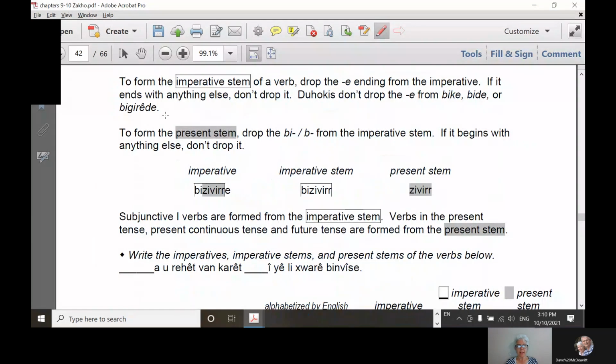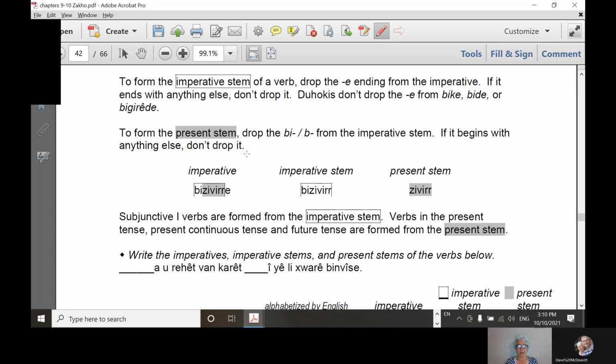To form the present stem, the gray box, you drop the bi or the b from the imperative stem. So you drop the bi or the b, and you drop the ending from the imperative. If it begins with anything other than bi or b, you don't drop it. Okay?